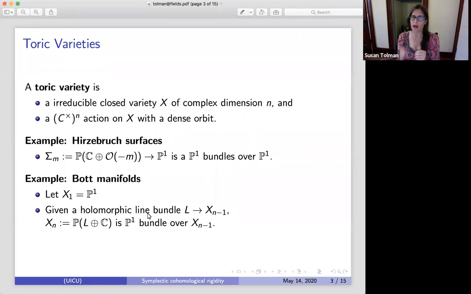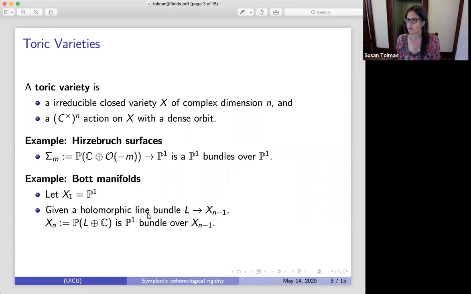You add a copy of the trivial line bundle, and you projectivize. And that will be the n-dimensional step. And it's going to be a P1 bundle over X_{n-1}. So for instance, your first step is P1, your second step will be a Hirzebruch surface, and then you keep on going. So the simplest example would be a product of P1s, but in general, it can be twisted.